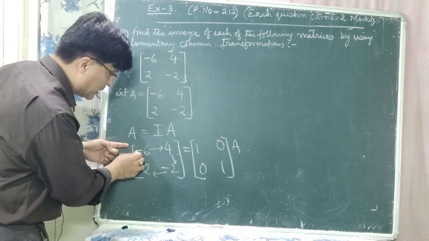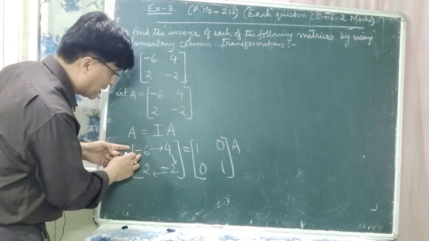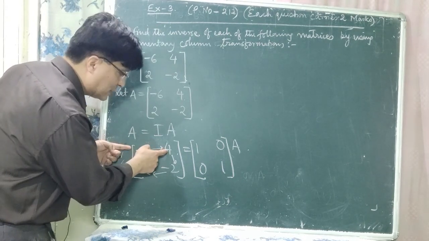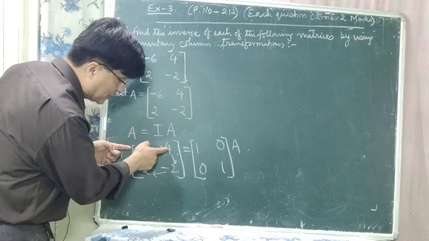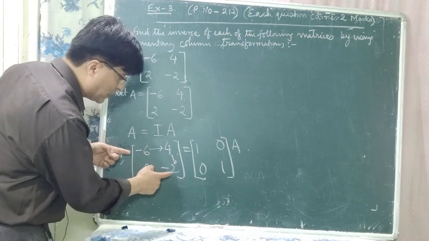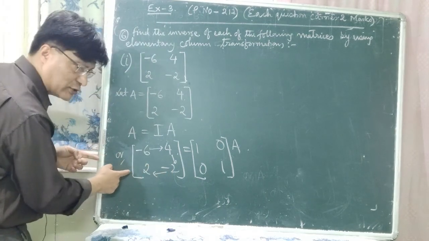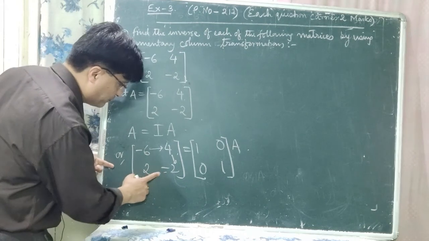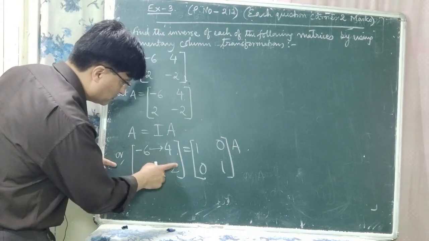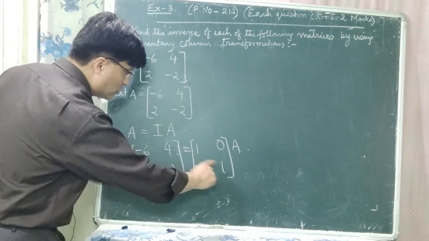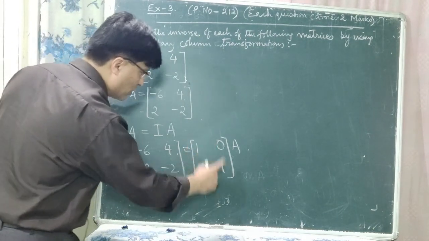First you make -6 into 1, then go in the right direction to make this element 0, then go downward to make this element 1, and then again go to the left to make this element 0. Now this is row 1, row 2, column 1, column 2.